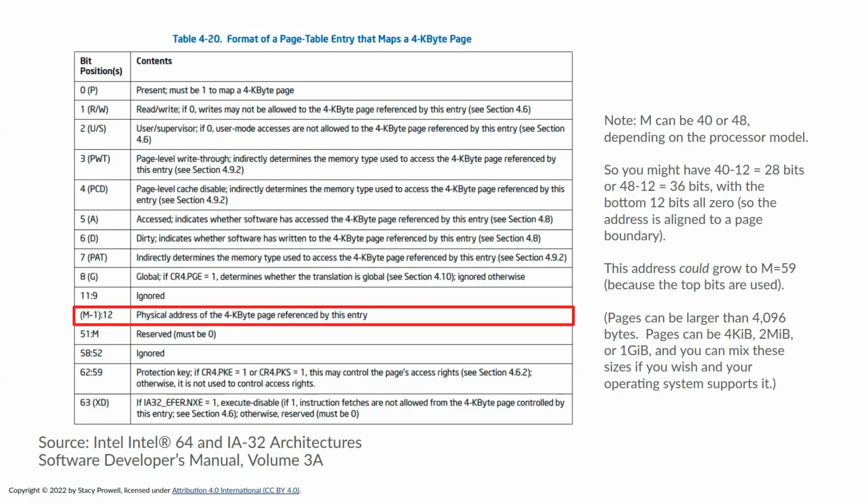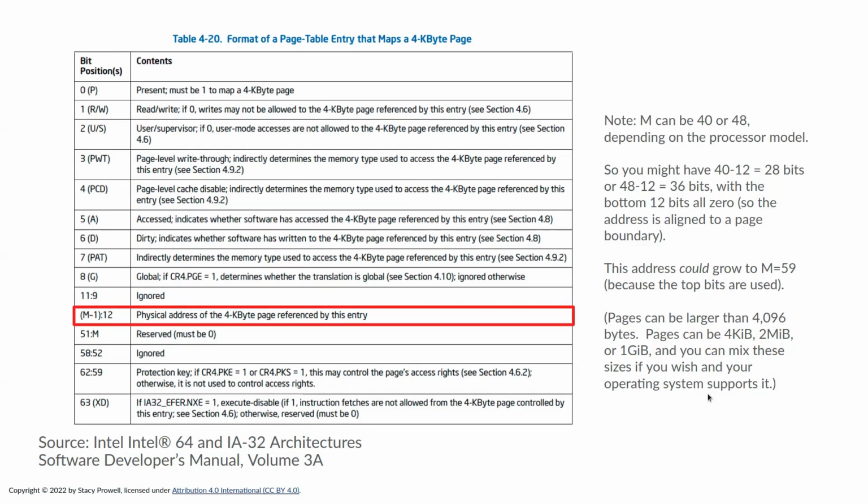Pages themselves, well, their size can vary. I don't want to get into the details of how this works because it's painful, but I typically have 4K pages. But I could also have 2 meg pages, or I could have 1 gigabyte pages. And you can actually mix those if your OS supports it.